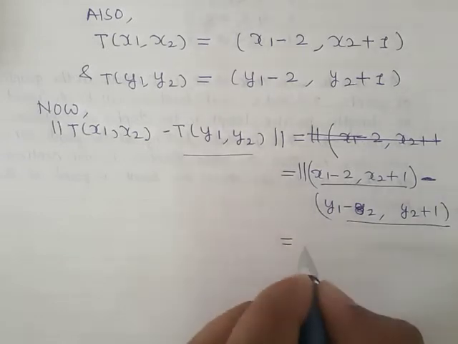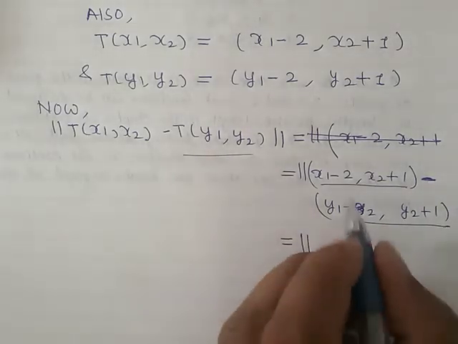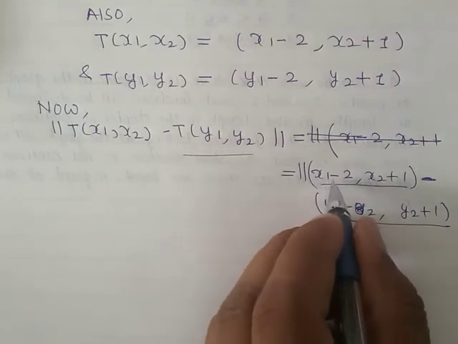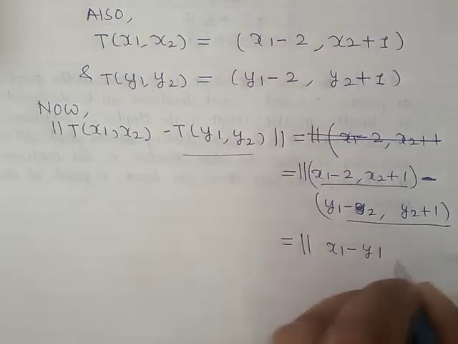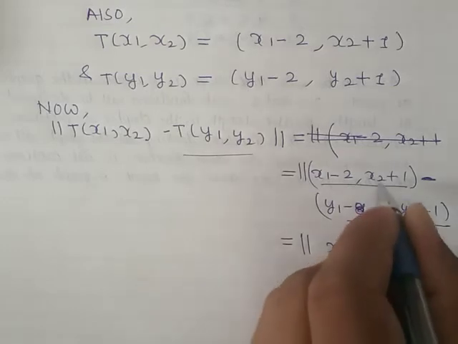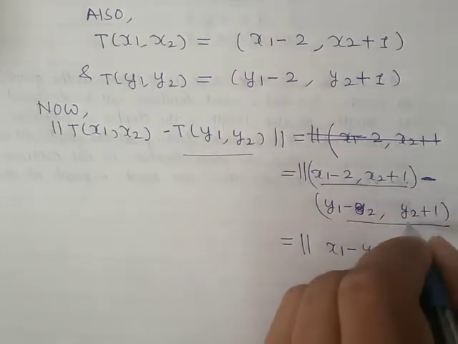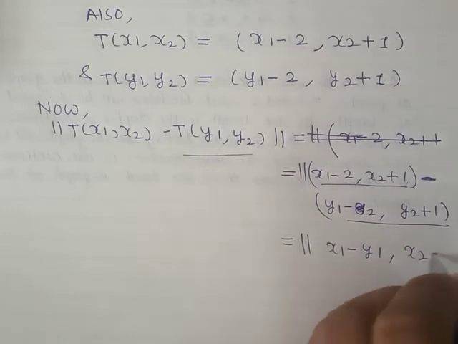So if we solve this, norm of x1 minus 2 minus y1 minus 2 is nothing but x1 minus y1, comma x2 plus 1 minus y2 plus 1 is nothing but x2 minus y2.